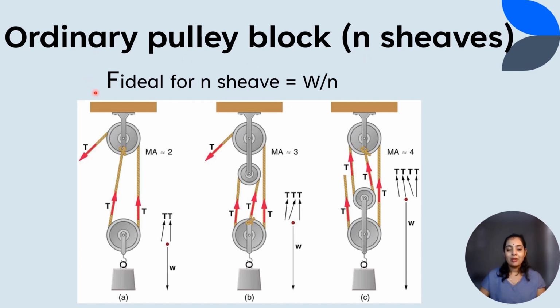So to calculate F ideal for N sheave, it is W by N. So W is the load or weight we want to lift and N is the number of pulleys or sheaves. So in this case, it will be W by 2. In this case, it will be W by 3, like this.